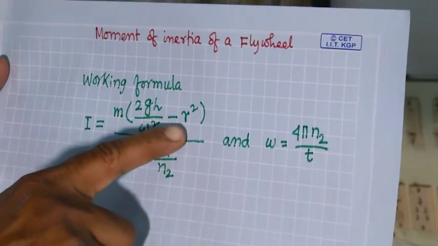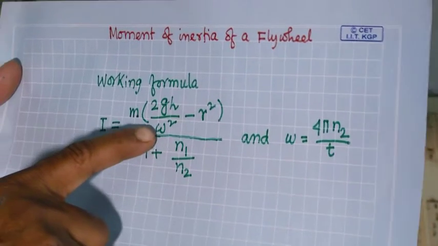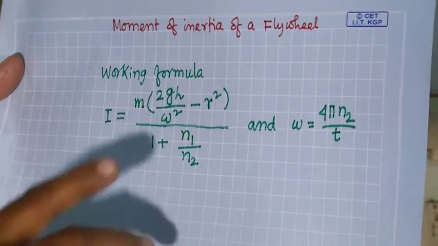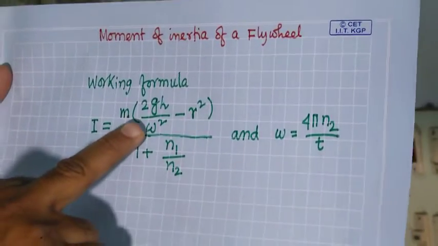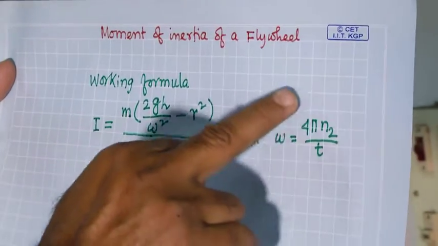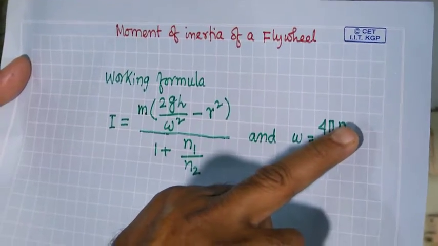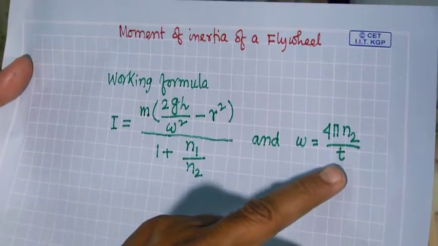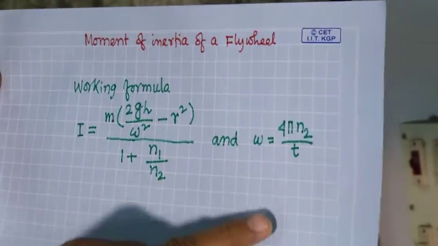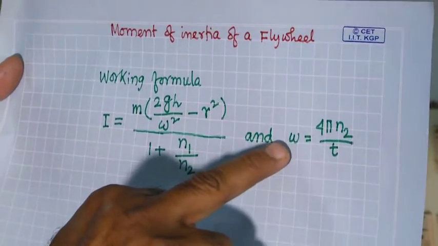Then, in this formula omega is the angular velocity of the flywheel, which is related to n2 and time t. What n2 and t are, I will explain. If I measure n2 and time t, we can find omega.